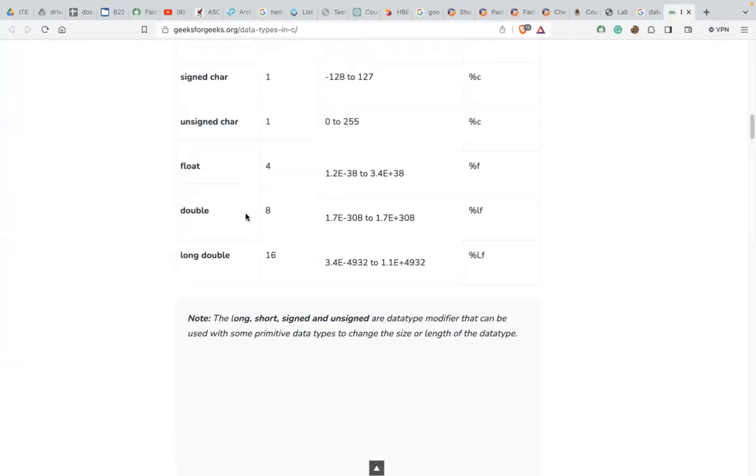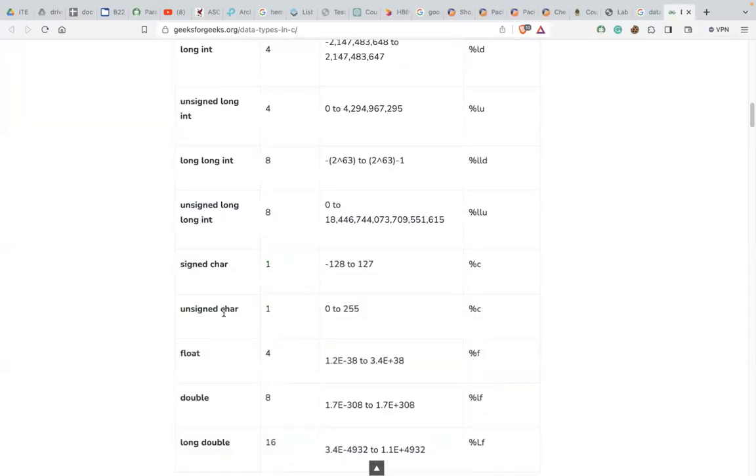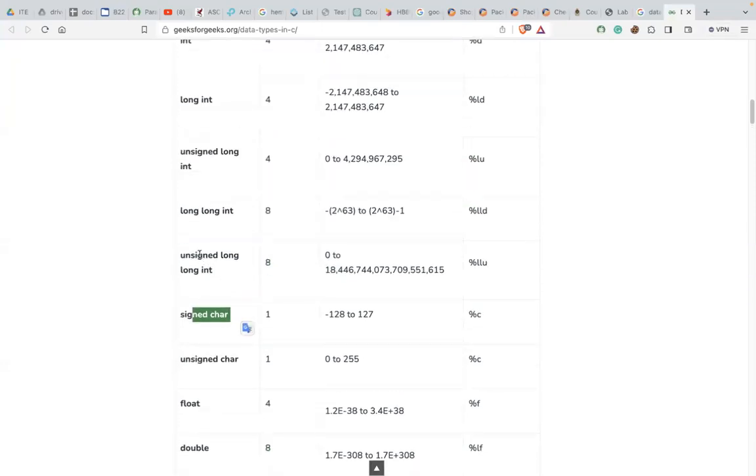Those things are not supported in switch cases, but the unsigned char, signed char, long int, and several other data types are available.